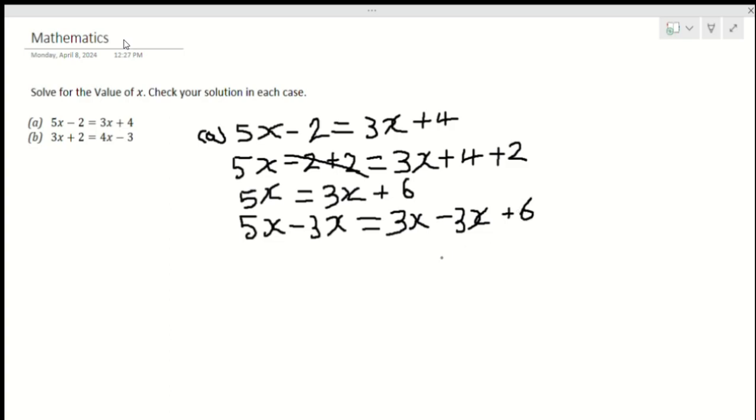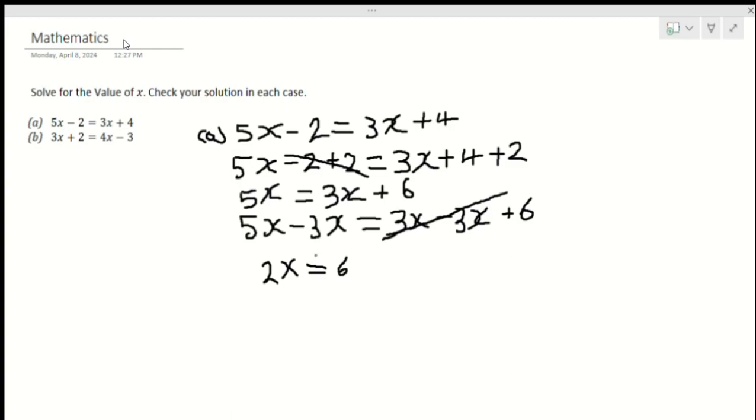Now 3x minus 3x leaves 0, so this would cancel out right here. If I take away 3x from 5x, what is left is 2x. So this would equal 2x equal 6.